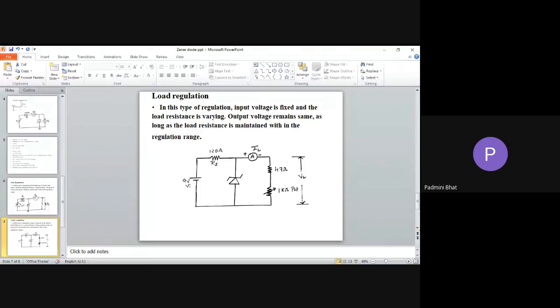Next, coming to load regulation. In this type of regulation, input voltage is fixed, but load resistance is varying. Output voltage remains the same as long as the load resistance is maintained within the regulation range. Actually, what does it mean? I want to regulate this circuit, so I am using a 4.7 volt, 0.5 watt Zener diode.